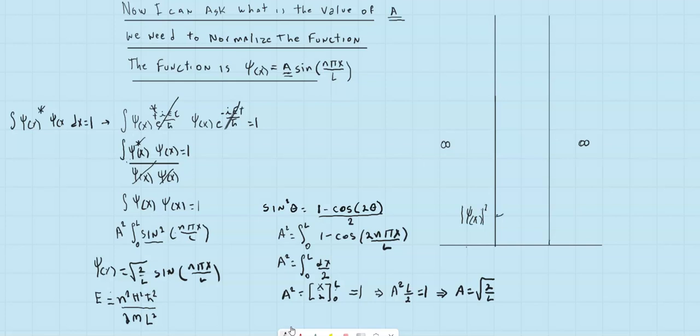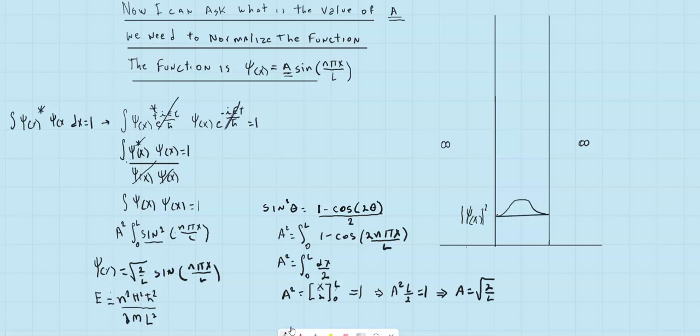It's going to have a maximum, and it's going to come small like this. I'm trying to do my best. Okay? And this is right here.